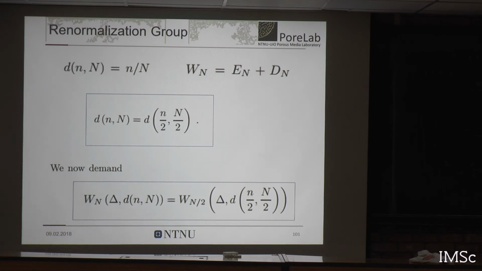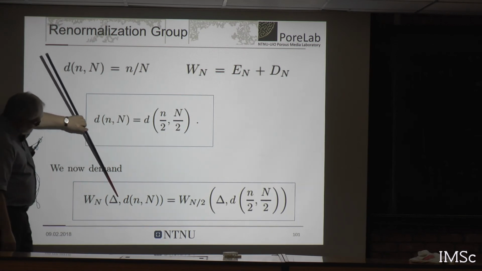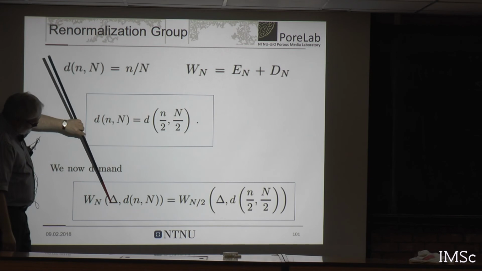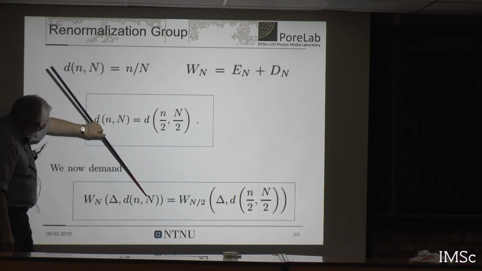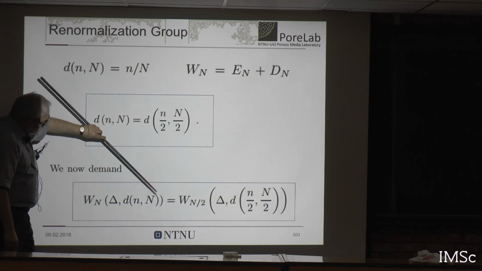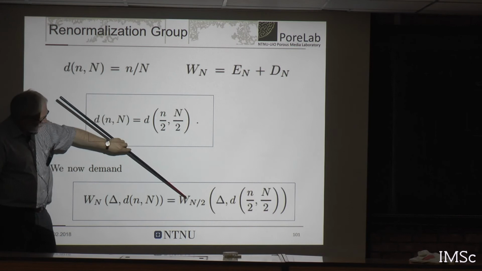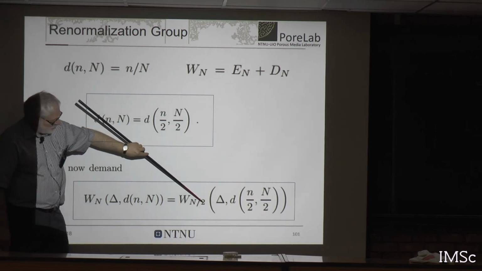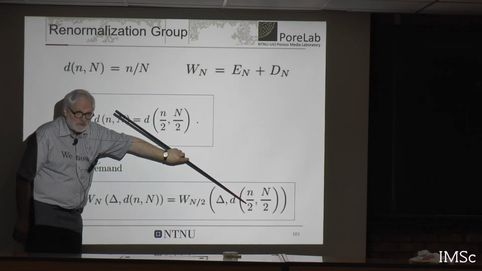You have to keep something constant, otherwise you go off somewhere, don't know what you're doing. What I'm going to demand is that this energy function here with a fixed delta and this damage here, n and n, is equal to the same energy in a fiber bundle with half the number of fibers and half the damage.